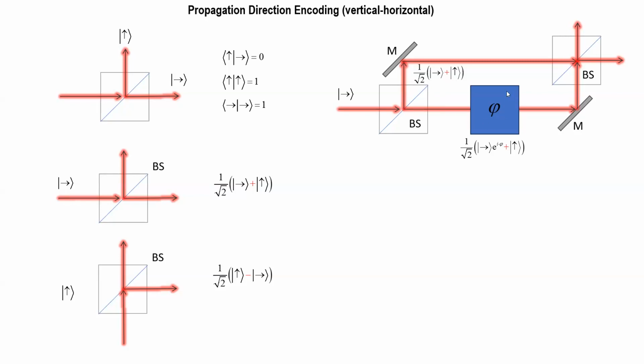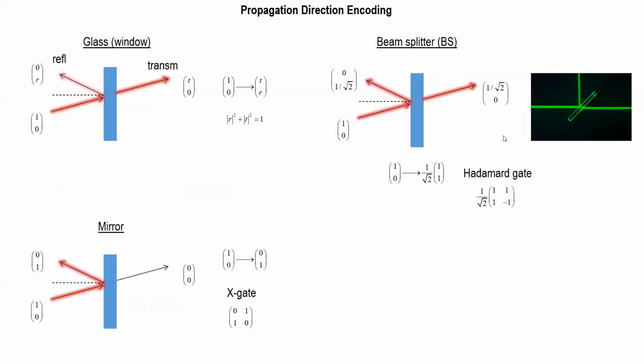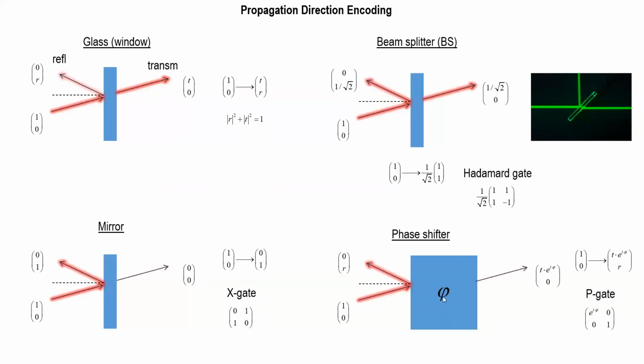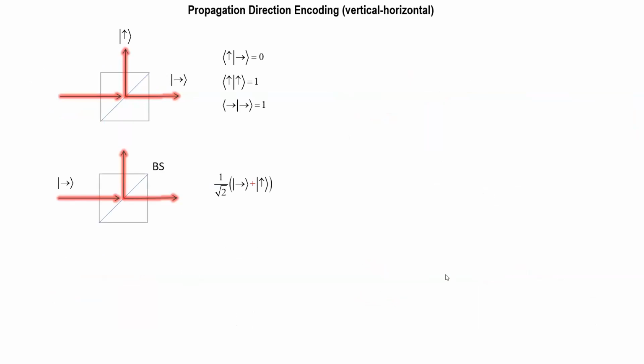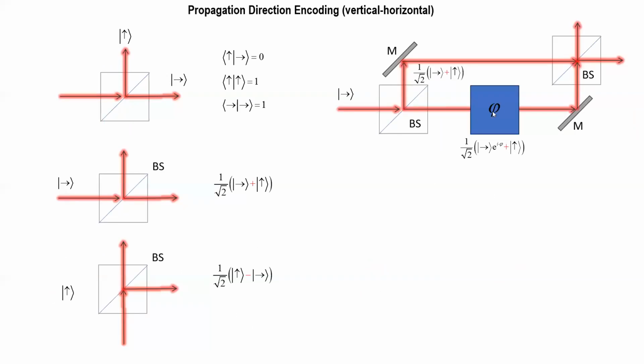And then, for example, I can apply this P gate, which changes the phase of, for example, the horizontal amplitude of the photon. And then after reflecting from another mirror, I can combine both amplitudes again using the second beam splitter.